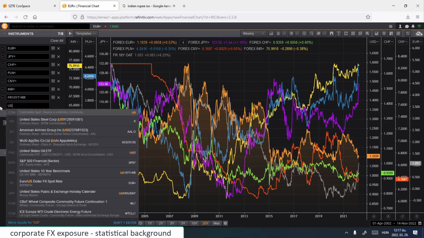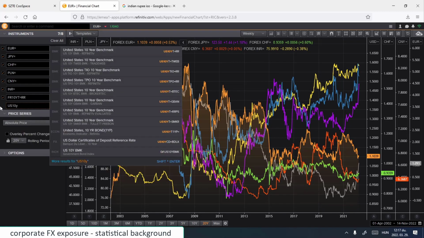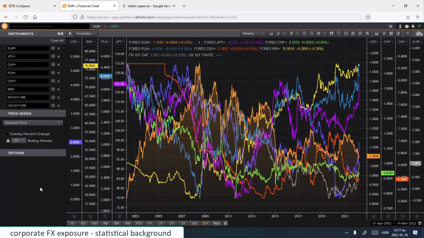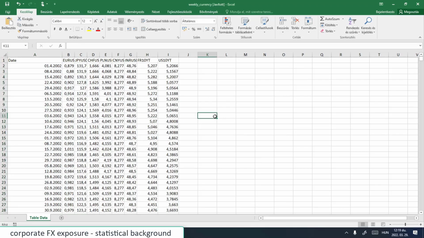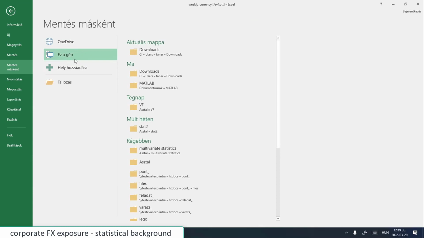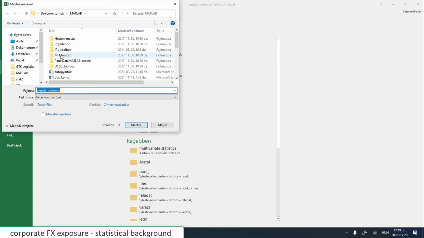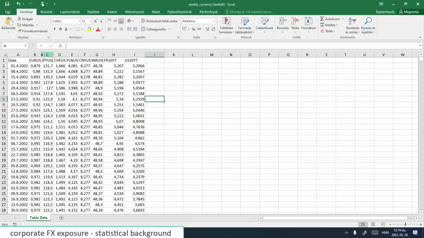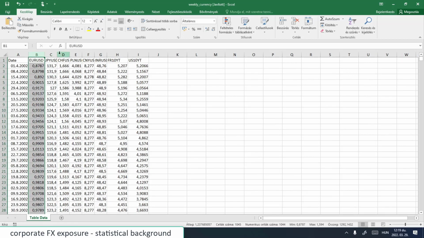It will be good for us later on when I have to show you how to deal with option pricing, and I don't want to download everything again, so it's better to do it right now. Now it's good. Let's copy it to the MATLAB folder, and now we have something to work with.